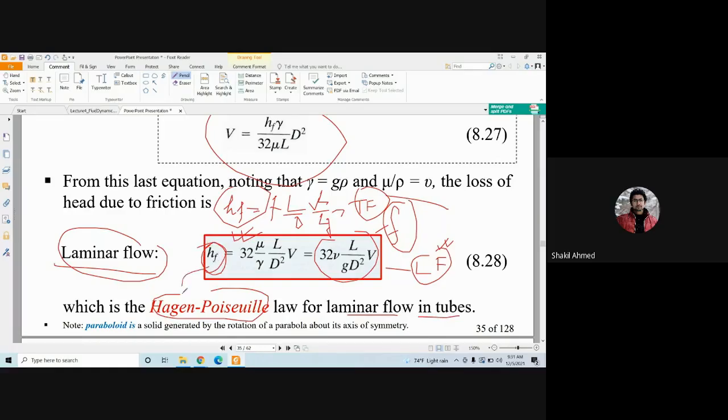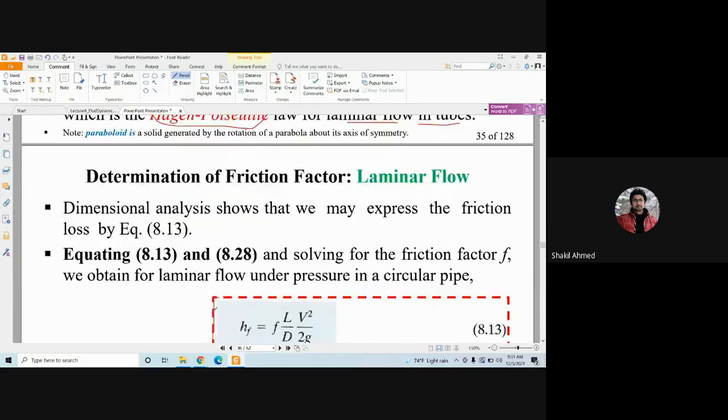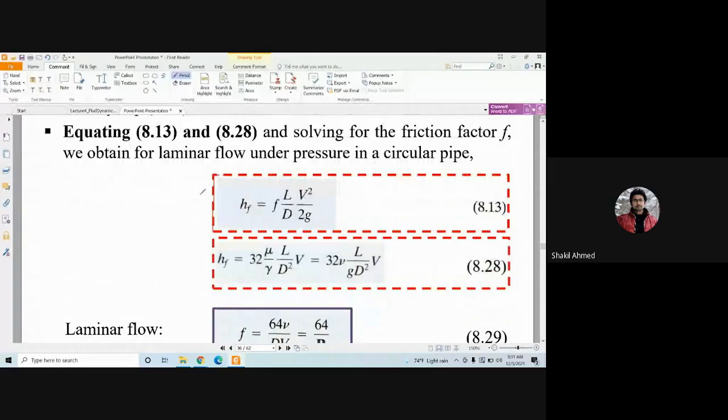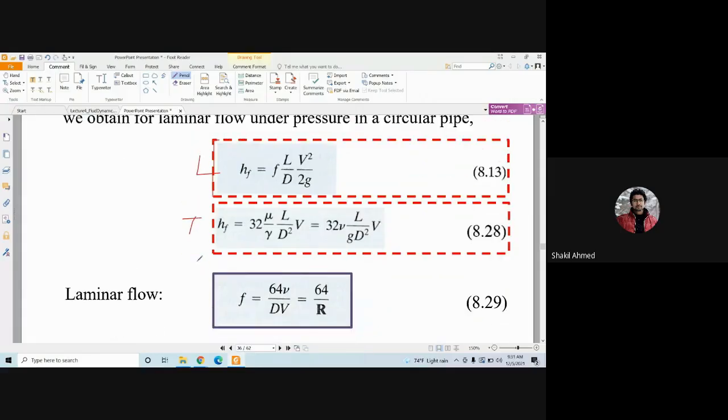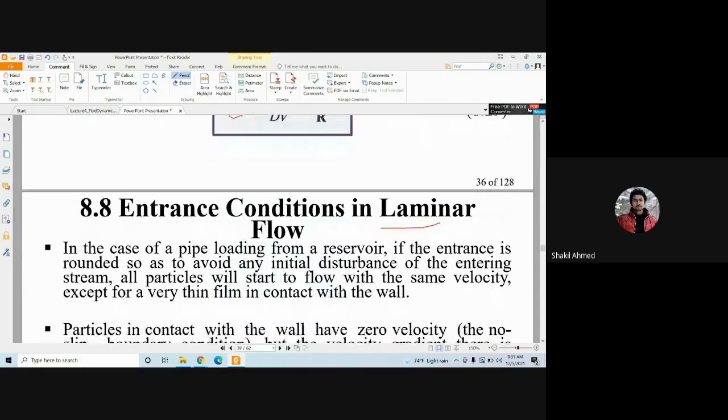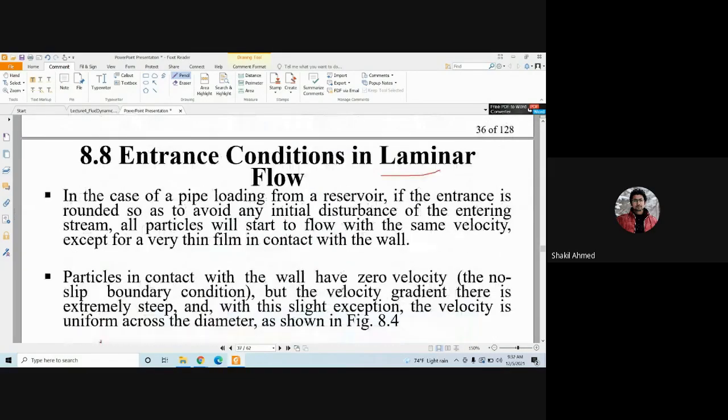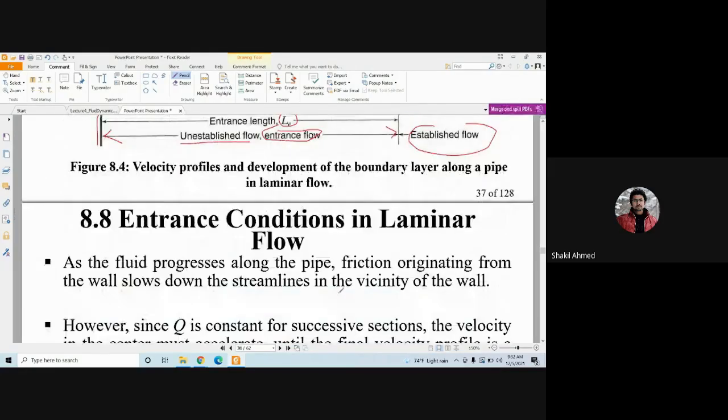And this is called the Hagen-Poiseuille law for laminar flow in tubes. So this is for laminar, this is for turbulent. If you compare these two equations, you will see that F is 64 divided by R, where R is the Reynolds number. Any question, please? No, sir.